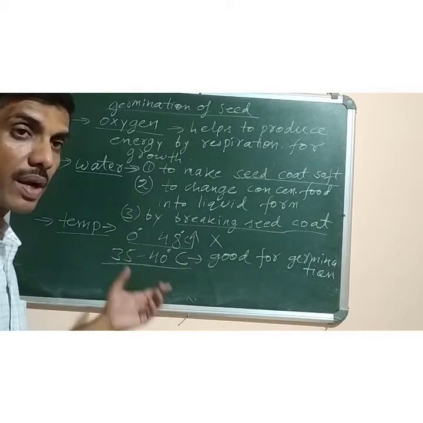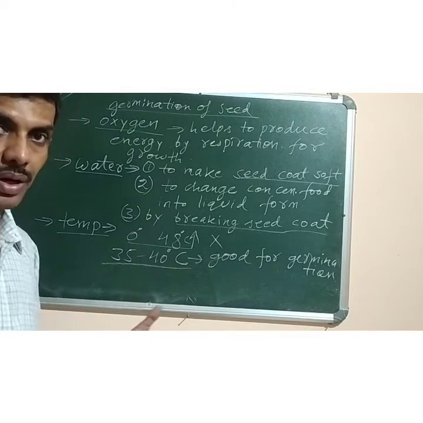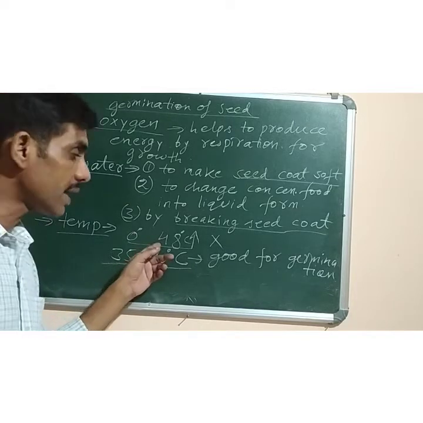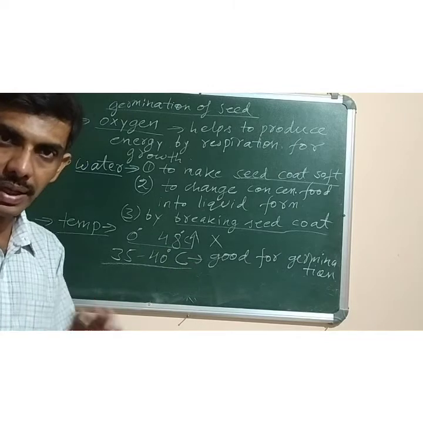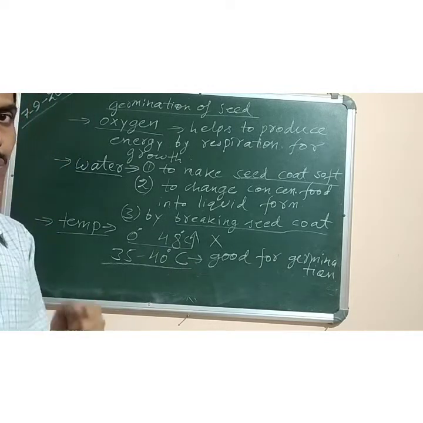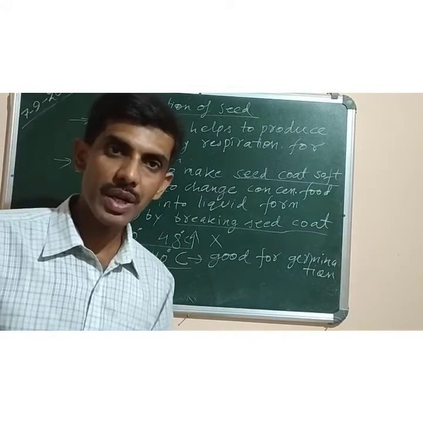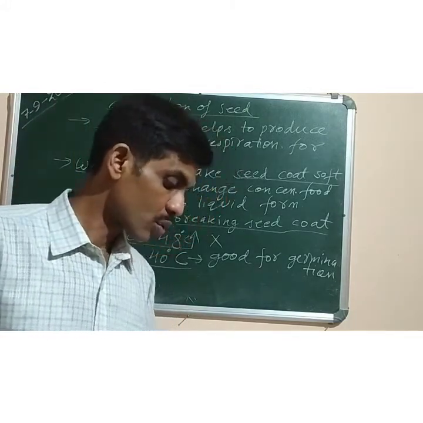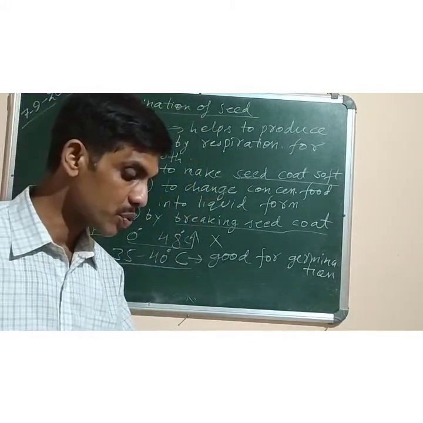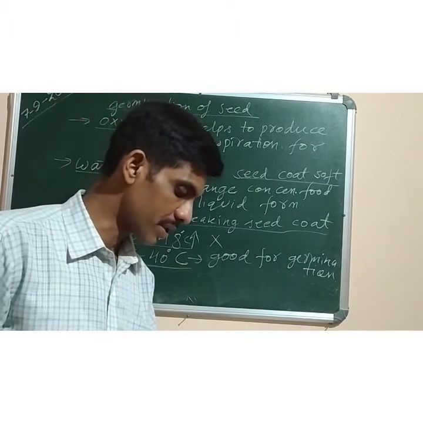Those enzymes will fail to work at a low temperature, they will not get activated. At higher temperature also the enzymes are killed or denatured, and that will also prevent the process of respiration, and thus the germination of seed will fail. So higher temperature destroys enzymes which are necessary for germination.